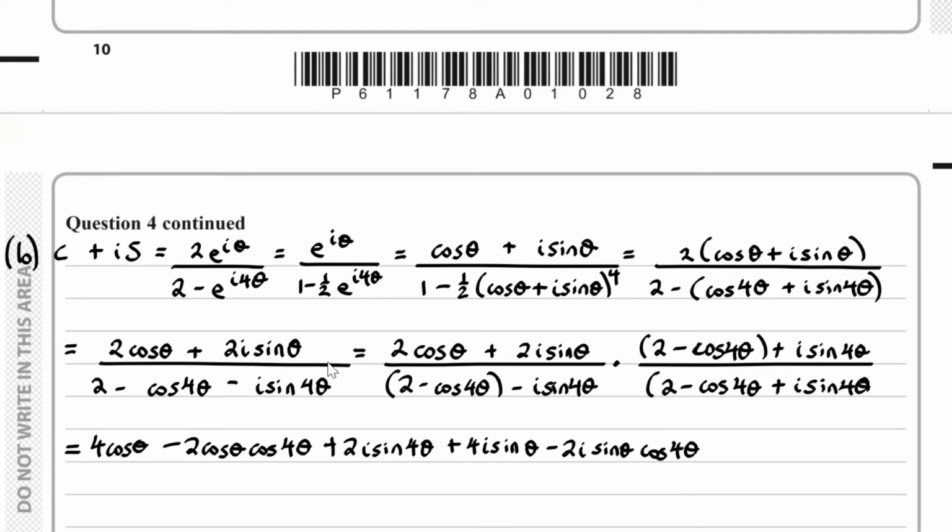So we have i times i, which is i squared, which is minus 1. So we have minus 2 sine theta times the sine of 4 theta. So that's everything we have on the top. Okay?